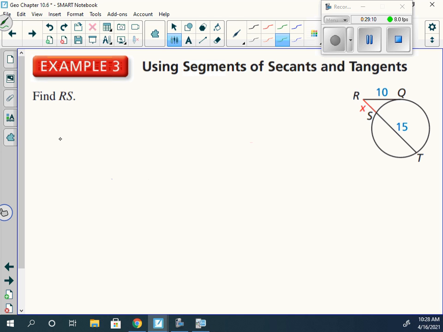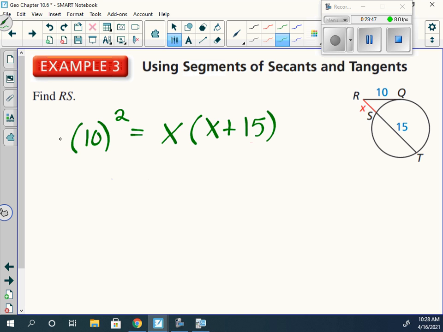So for this here, well, we know the tangent length is 10, and it's going to be squared, is equal to, the external is x, and the whole line would be x plus 15. So this here is one of the ones that it's going to be a little bit harder. There's more steps involved. So any questions on how we set this up?